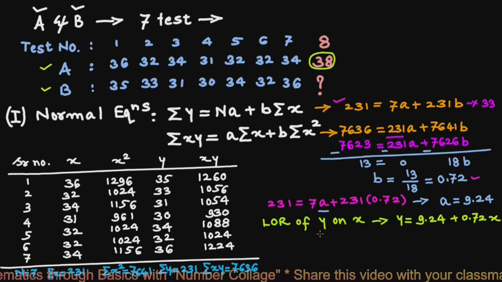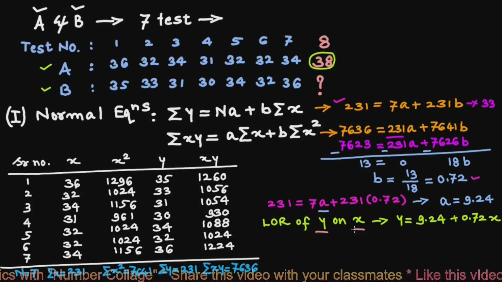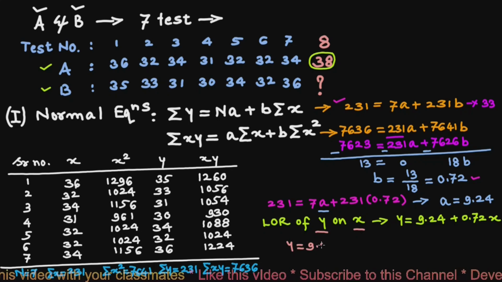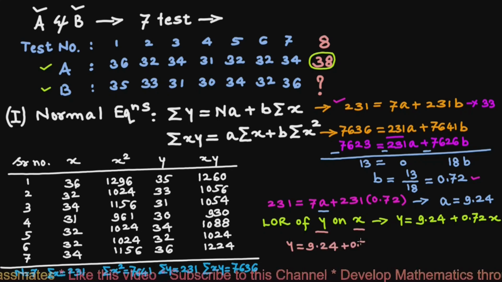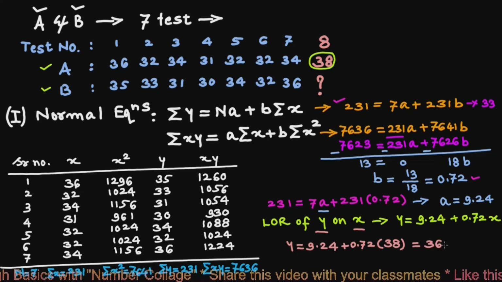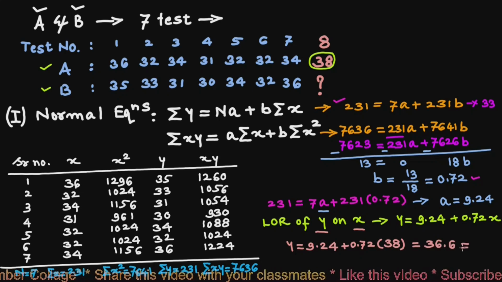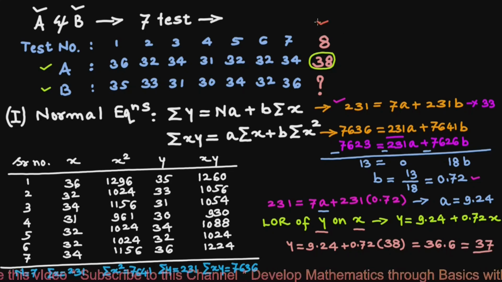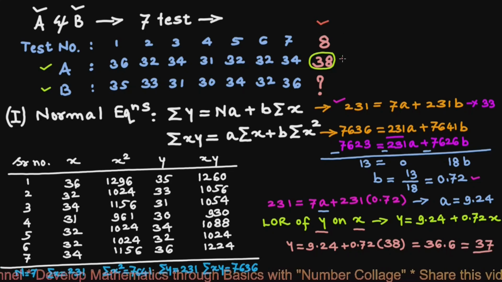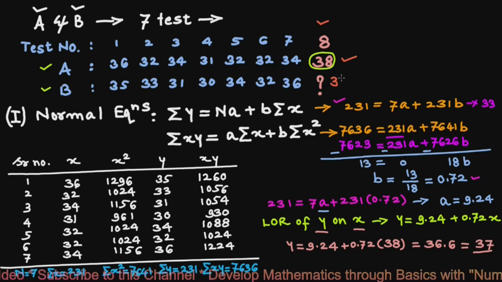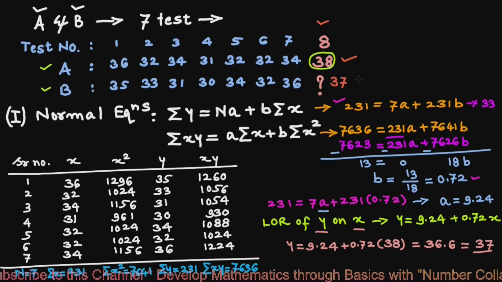We have to estimate y when x is 38. So y equals 9.24 plus 0.72 into 38. That will be 36.6, approximately 37, which means in the 8th test, when student A obtains 38 marks, student B will obtain approximately 37 marks.